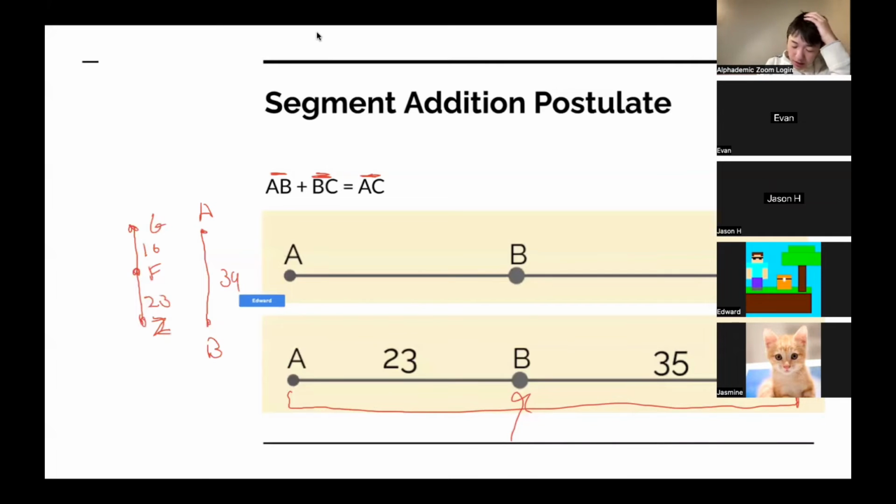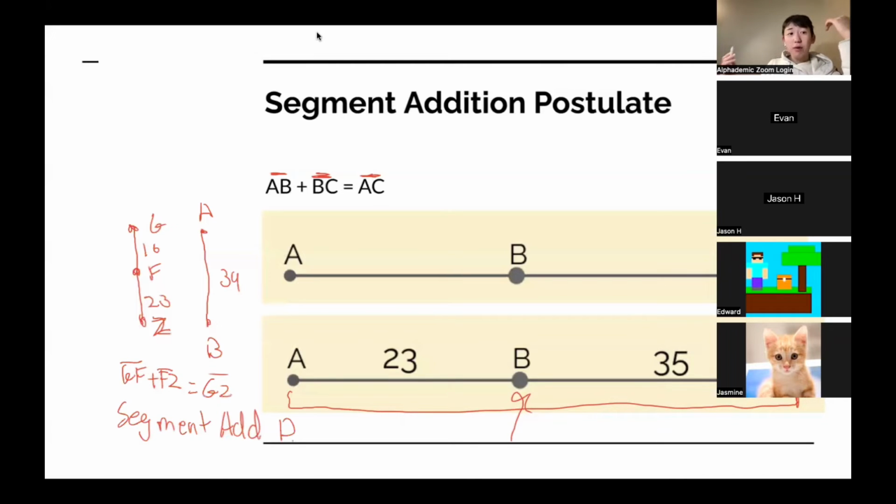You would have to do something like segment GF plus segment FZ is equal to segment GZ, which is the segment addition postulate. For me, it's fine if you just shorthand it into the segment addition postulate.